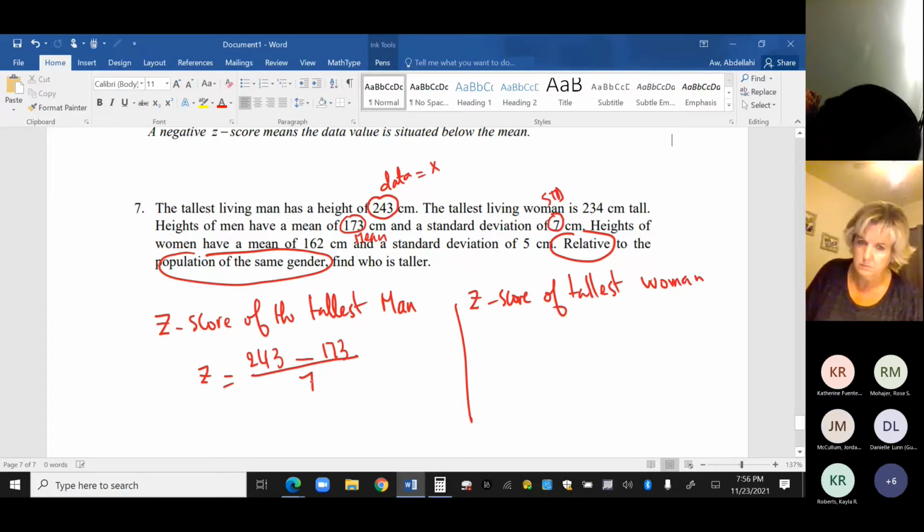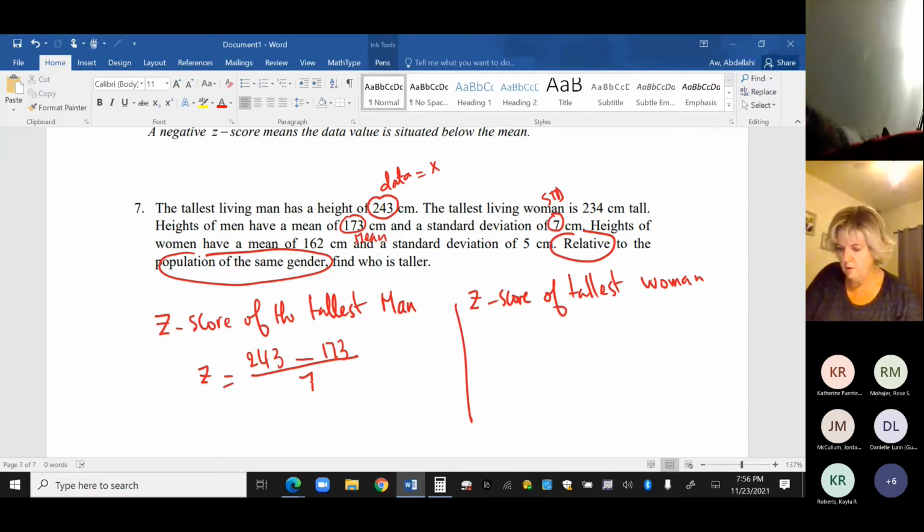That is the z-score of the tallest man, which means how many standard deviations the tallest man is above the average. That we need to know to do the comparison.